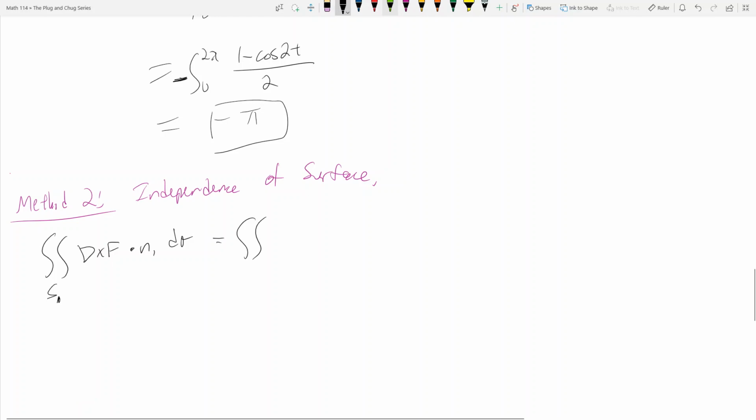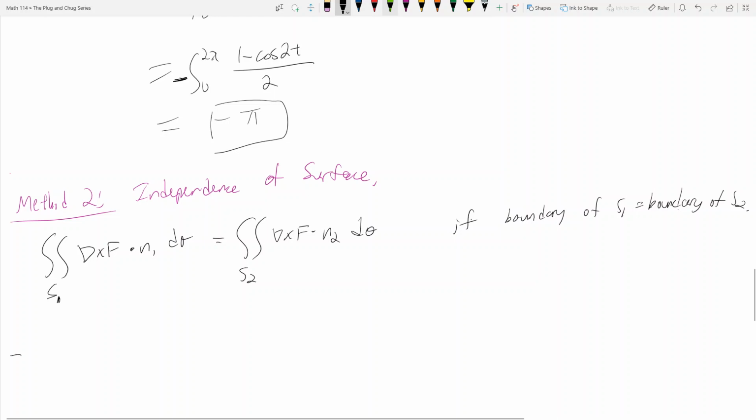It's equal to the double integral over S2, a different surface, of curl of F dotted with n2, so this is just the normal corresponding to this new surface, d sigma, where, or if, the boundary of S1 is equal to the boundary of S2. Okay? So the curl of F dot n d sigma is equal to the curl of F dot n d sigma over another surface if the two surfaces share the same boundary.